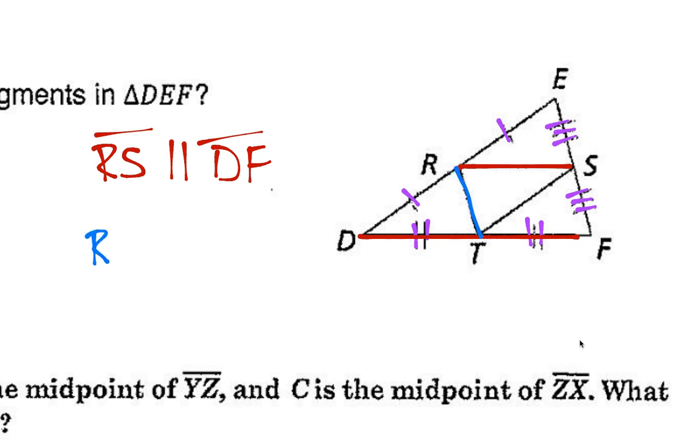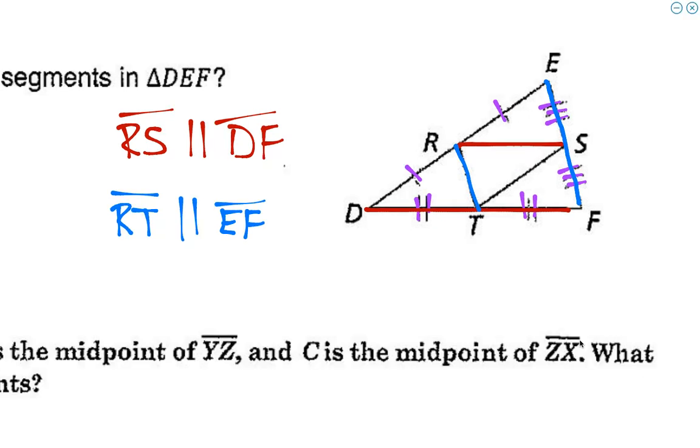RT is parallel to EF. And then ST is parallel to ED.